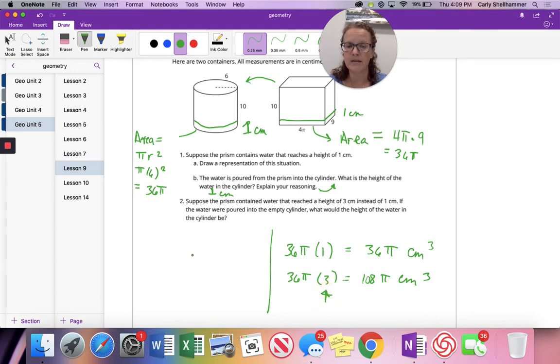If we pour that into the cylinder, it's going to be the area of the base times 3, same exact volume. It's going to go up the same height in the cylinder, because you're covering the same amount of area.